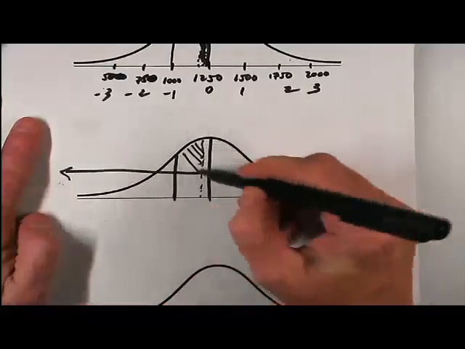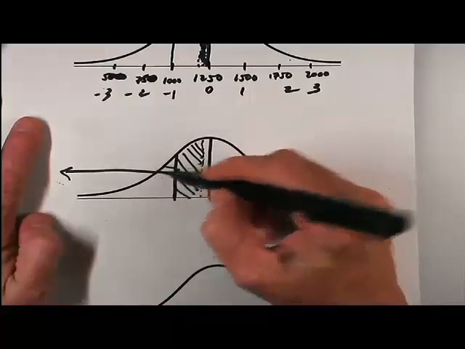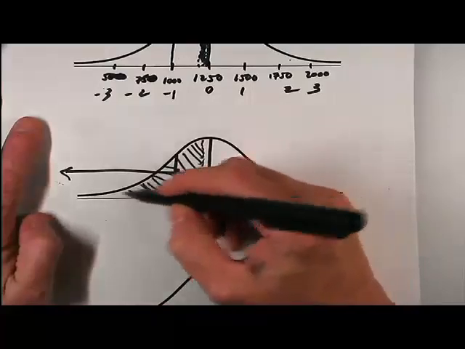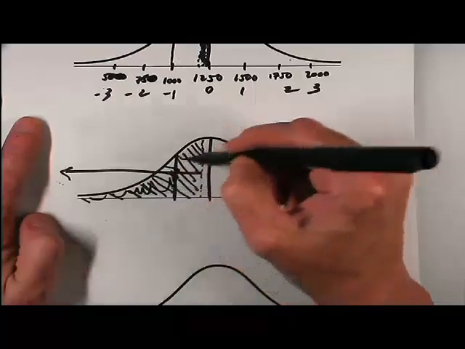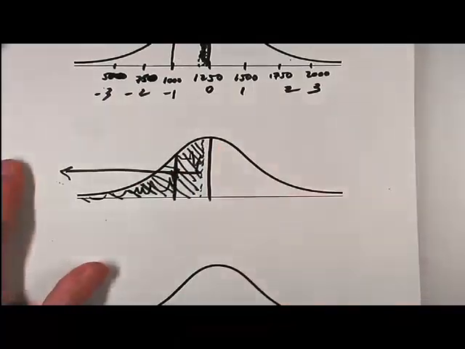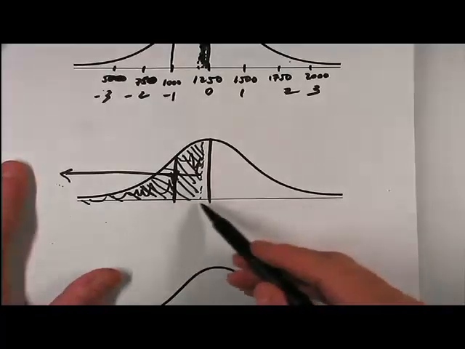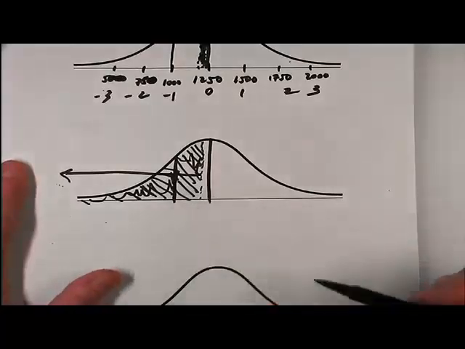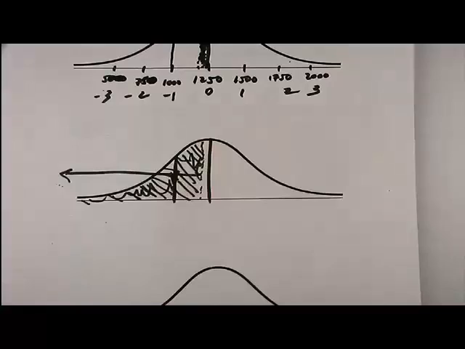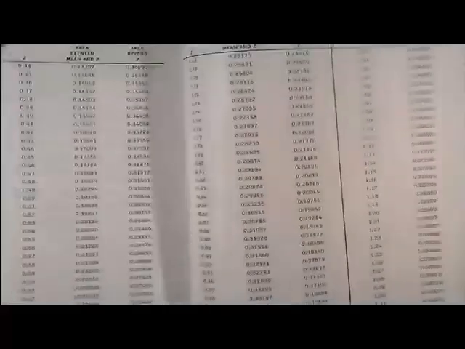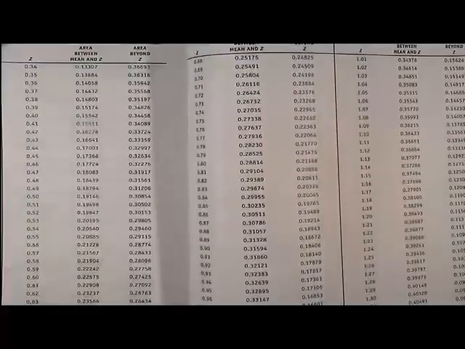If I'm looking up in my table, you'll see that they're exactly the same. They're just one column and the other, right? So I can either say 5% from the mean to z, or I can say 45% from the z and beyond. And you'll see when you look in here, they're the same.